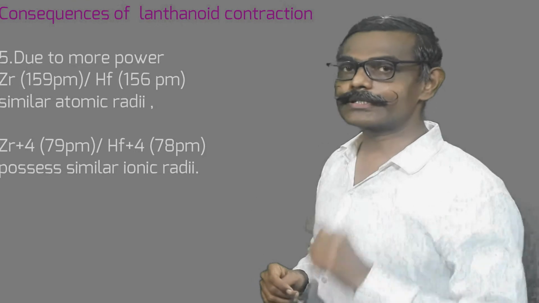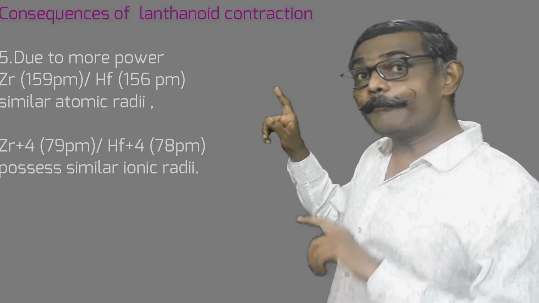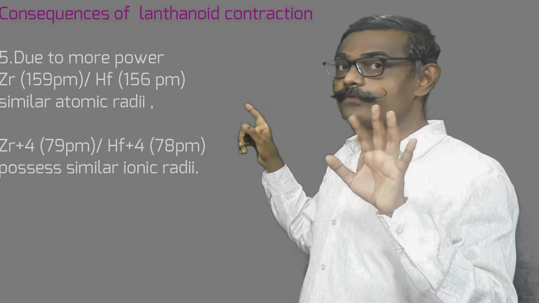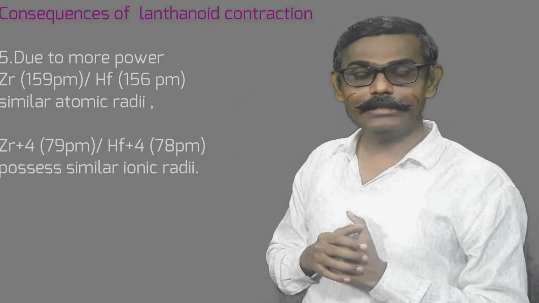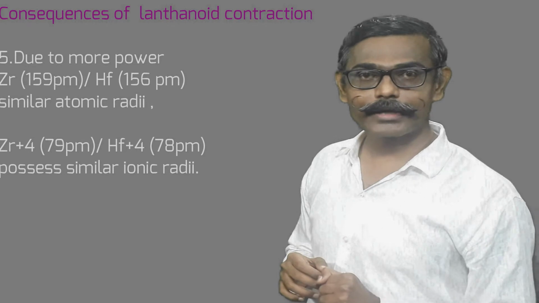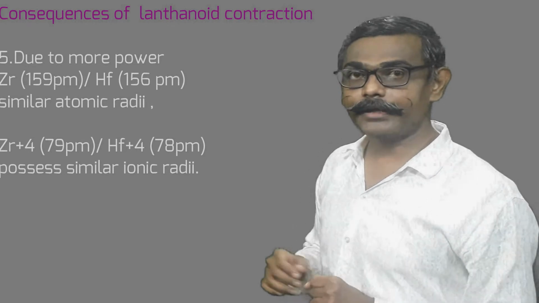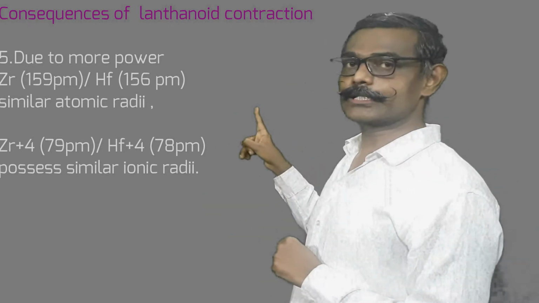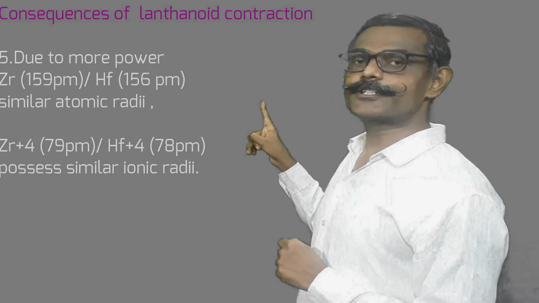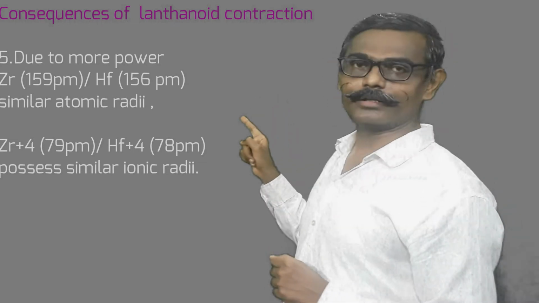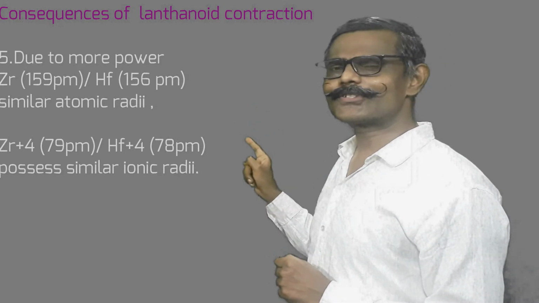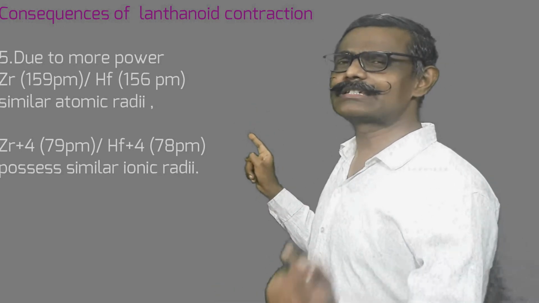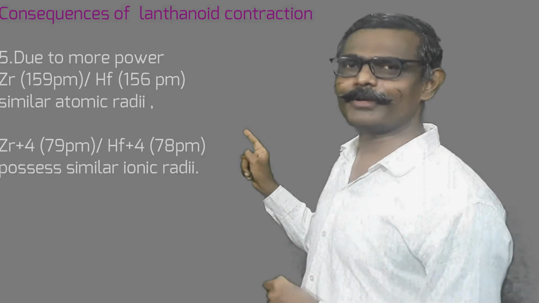What about ionic size? Because zirconium and hafnium belong to the fourth group, they can remove 4 electrons easily, so they show a tetrapositive metal ion. The size of zirconium plus 4 is 79 picometer, and the size of hafnium plus 4 is 78 picometer, just a difference of 1 picometer.